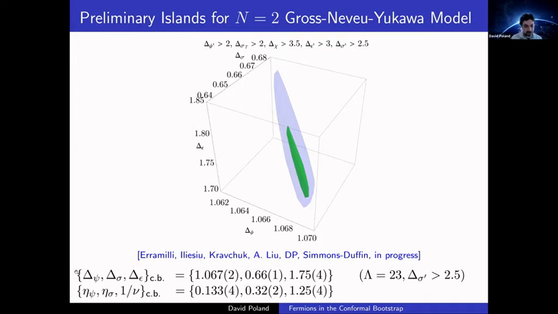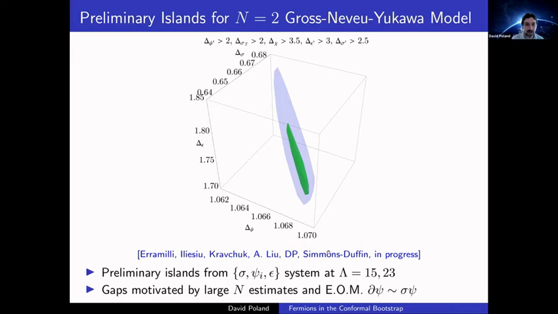And now we can learn about the CFT data using a basically rigorous approach and constrain delta psi, delta sigma, and delta epsilon. You can see that in this island, the value of the 1/nu exponent is now 1.25.